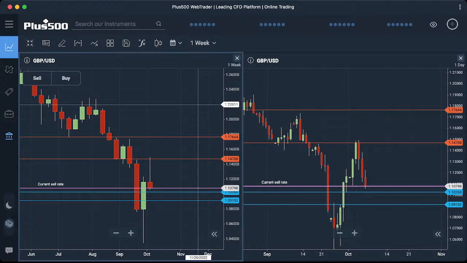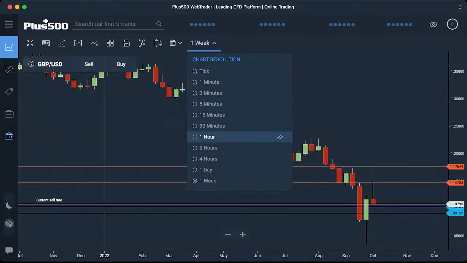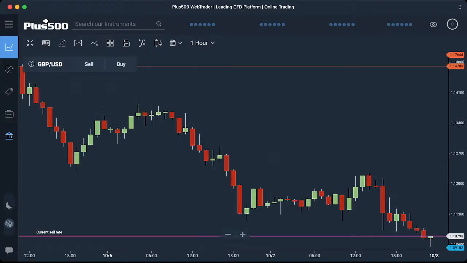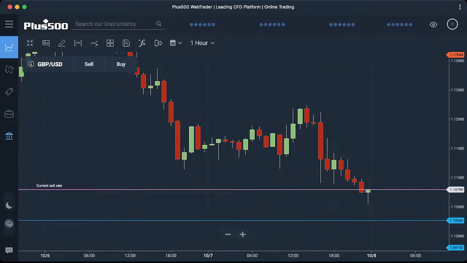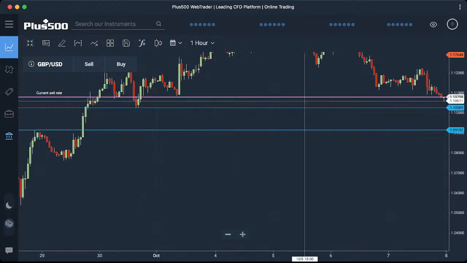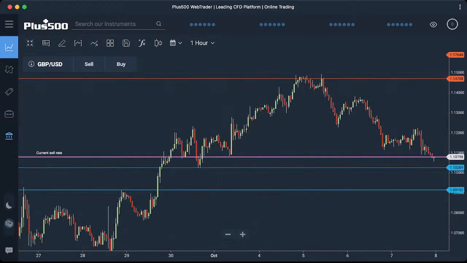So what we want to see in the lower time frame, let me just jump to the 1 hour chart and show you what can happen in the 1 hour chart. So here we can see after rejecting from that weekly order block, which was this orange horizontal line.